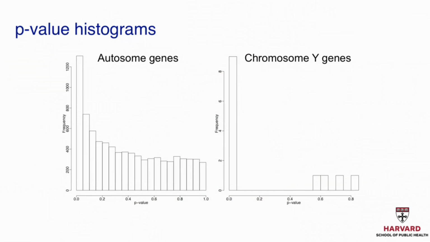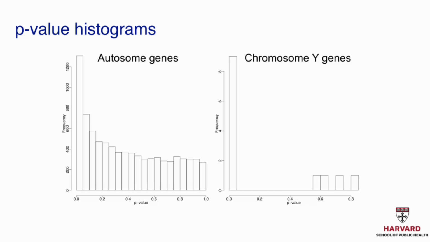So basically, if we fit the model we just showed, which is equivalent to running a t-test on each gene, we get many genes with small p-values, more than expected, for the autosome genes. And we suspect that that's wrong. Then on chromosome Y genes, we get most of the genes differentially expressed, which is something we expect. So on the histogram on the right, we want to see a lot of genes that are differentially expressed.